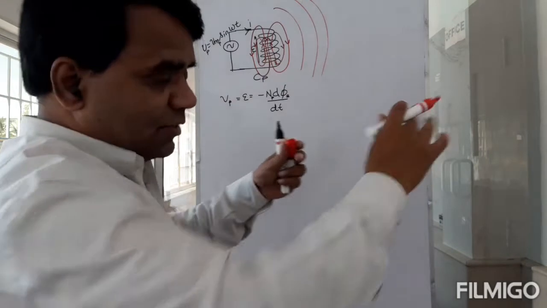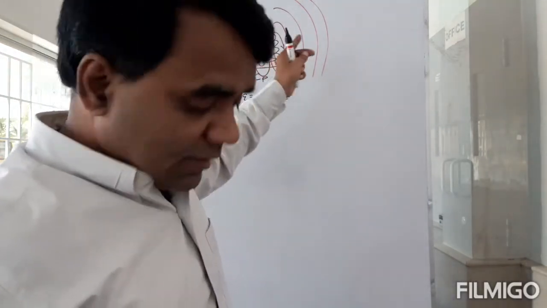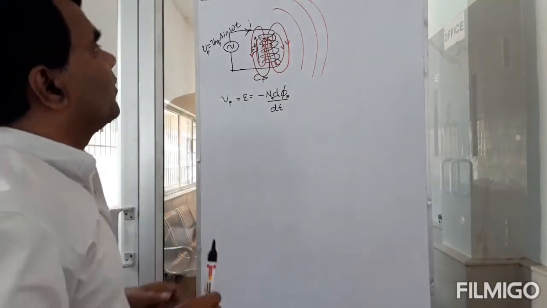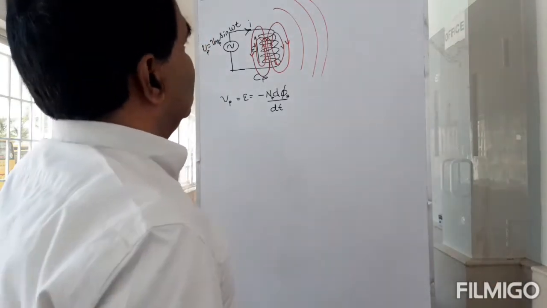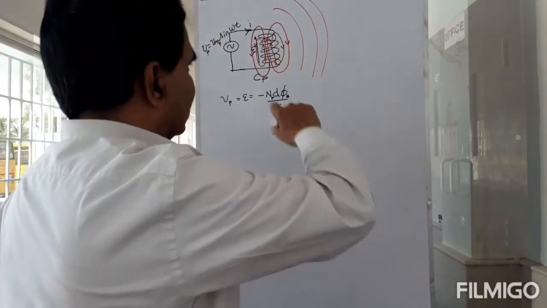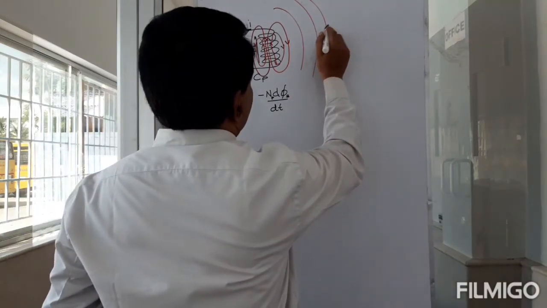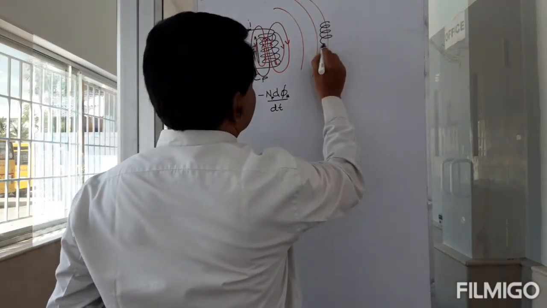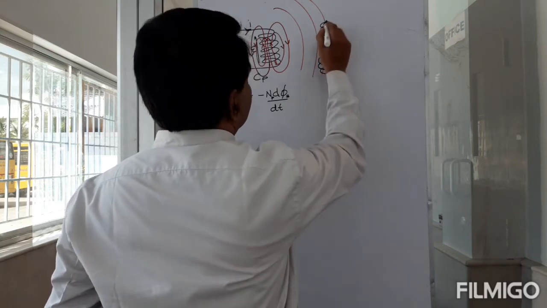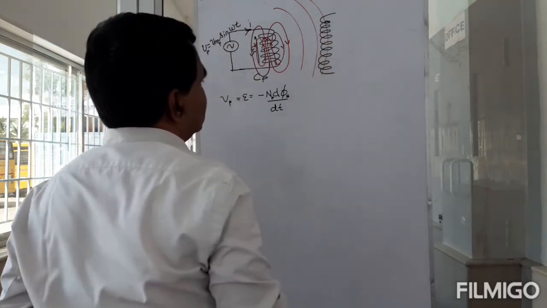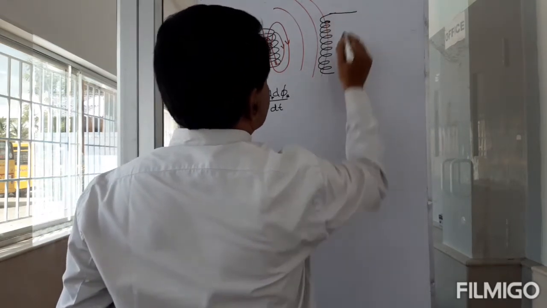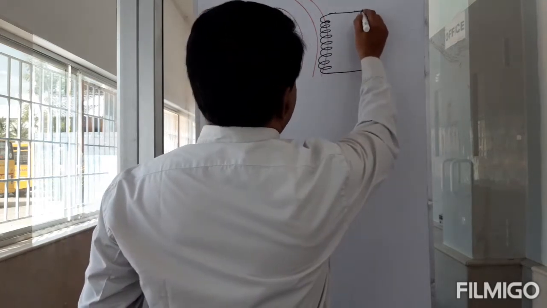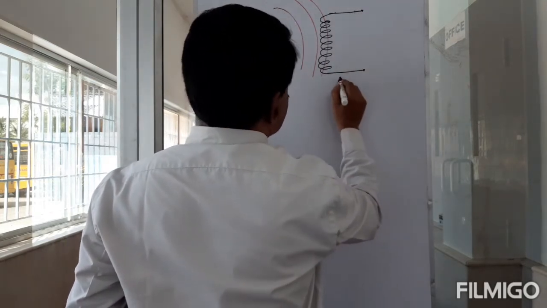But then as you go further away from this, the field strength will be small. Anyway, what I'm going to do now is bring another coil. This I'm going to call the secondary. Maybe more number of turns. So let's say this is open. So this is called the secondary coil.